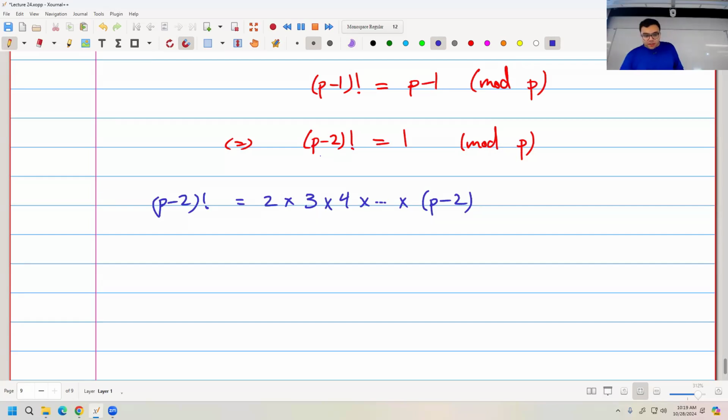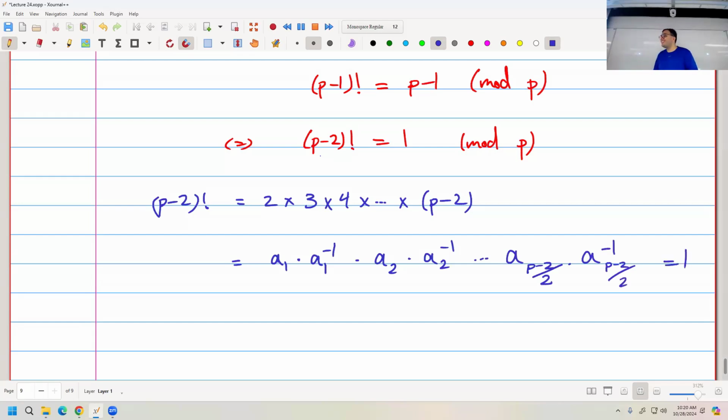So this thing is actually some number a1 times its inverse, times some other number a2 times its inverse, and so on to a_{(p-2)/2} times its inverse. So it's 1. And again, all of these calculations are modulo p. So (p-2)! is equal to 1 modulo p.